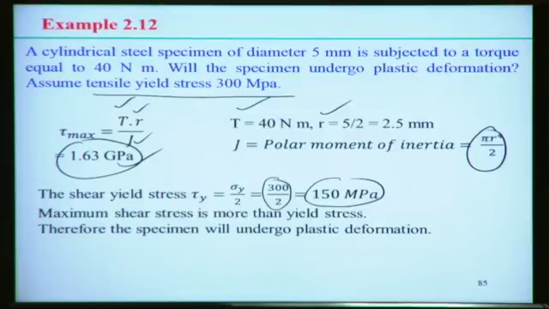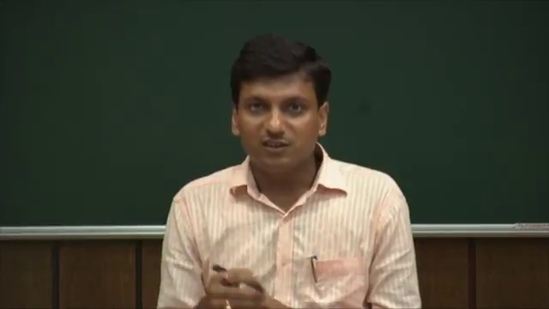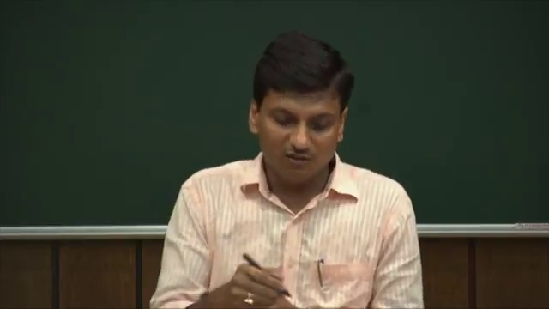Therefore the specimen will undergo plastic deformation. So the message is that when you are checking for plastic deformation, if the shear yield stress is given or the tensile yield stress is given, accordingly we have to compare with the results, and then we can take the decision whether there is any plastic deformation or not.